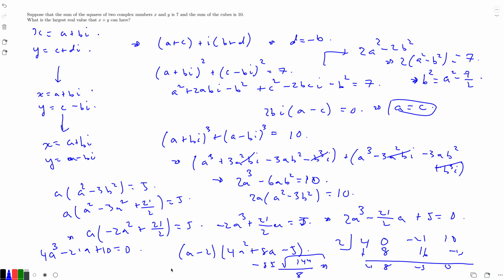So negative 8 plus or minus 12 over 8. So a is equal to 1/2, or it can also be equal to negative 5 over 2.